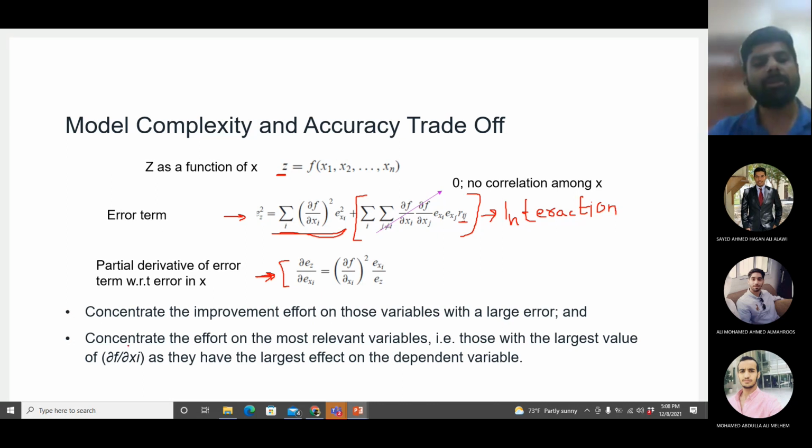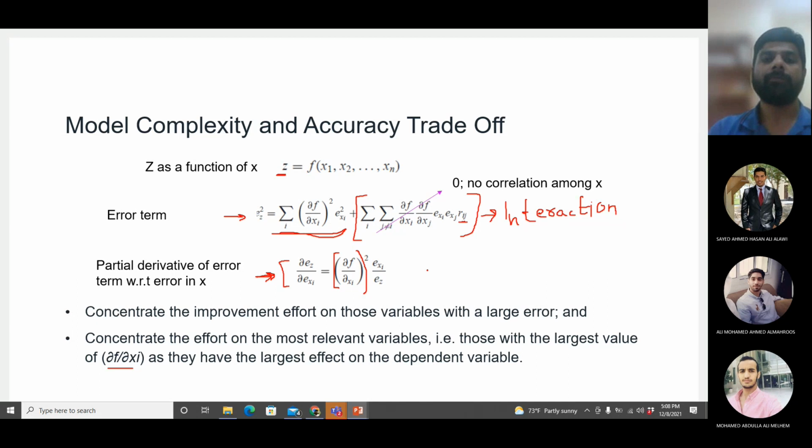Then the second rule is to concentrate the effort on the most relevant variables, those with the largest value of df by dxi. This thing only. So concentrate on the variables which have higher impact on the model. That is one rule. The second rule is to concentrate on the variables whose error is causing larger error in the model.